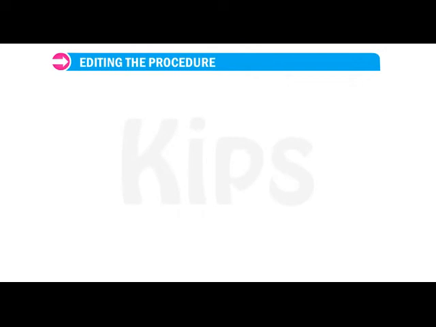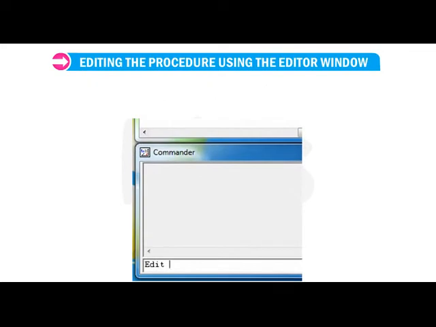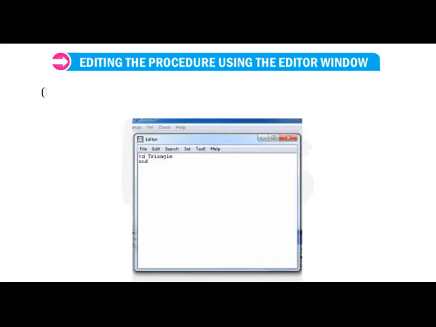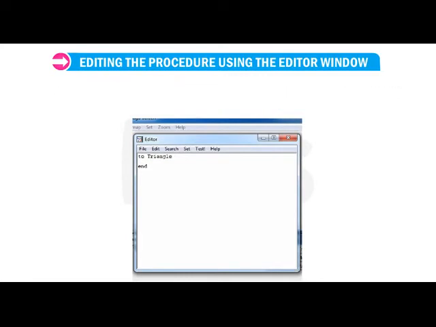Let us learn how to edit the procedure using the Edit window. Click in the input box and type in edit "procedure name. For example, edit "triangle. The editor window appears. Leave a space after edit and no space between the quote and the name of the procedure. Write and edit the primitives between "to procedure name" and the end command.